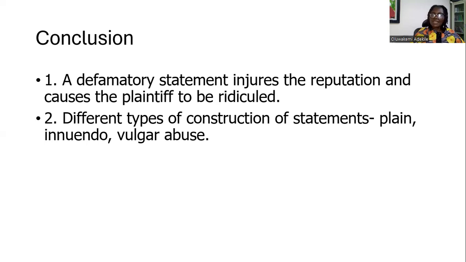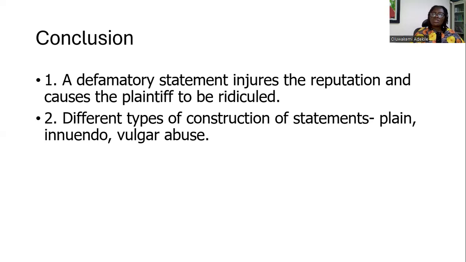Then it may be plainly defamatory in the sense that the literal connotation of that statement is defamatory. To say somebody is a thief, committed adultery, that somebody stole, somebody is corrupt. These in their literal meanings are defamatory. But we said also that sometimes these statements are not expressly, literally, plainly, naturally defamatory.